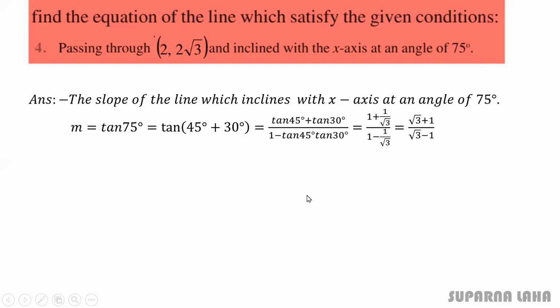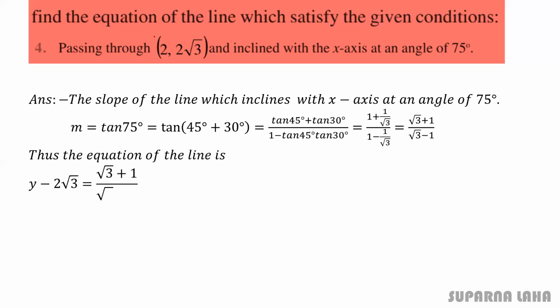Now next, you have to apply the point and slope formula, that is y minus k equals m into x minus h. In the place of h and k, just put the values 2 and 2 root 3. So y minus 2 root 3 equals (root 3 plus 1 by root 3 minus 1) into x minus 2.